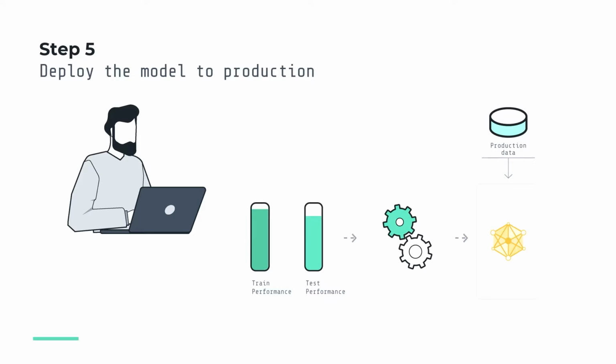This is the first time the model will see real-world data, especially real-world data which is not just from a single organization. If you're a startup and you sell that service to customers all over the world, you will be seeing data which you have not seen in the data you used for training.